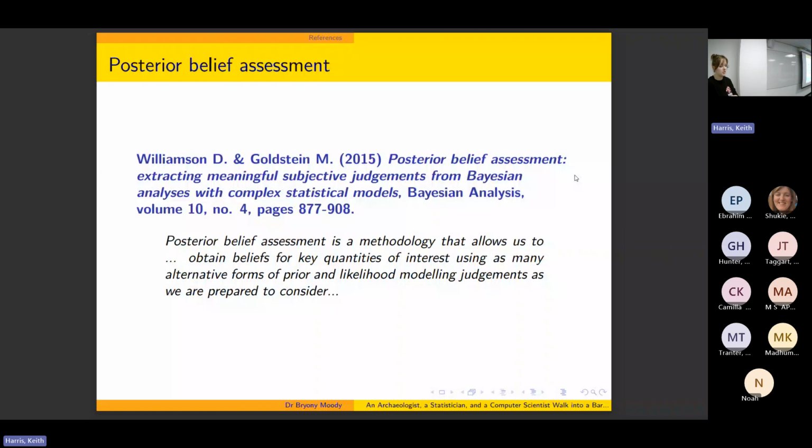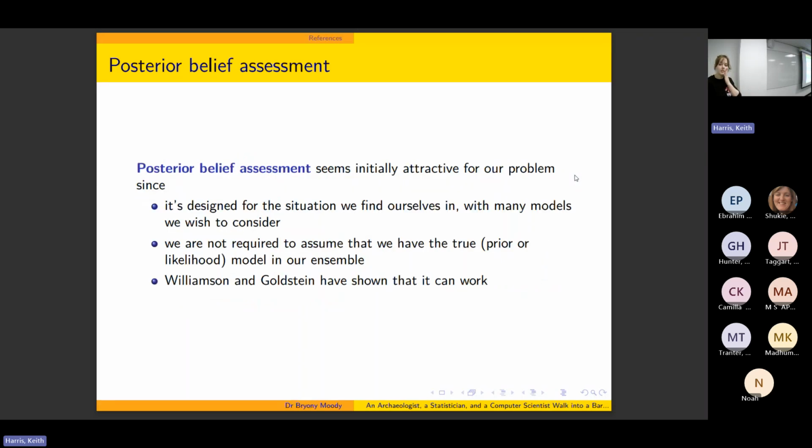So you work with expectations and variances, and you can use as many alternative forms of priors and likelihoods as you want, as many as you're prepared to consider, essentially. We thought it was quite attractive because we've got many models that we wanted to think about, and we didn't want to assume that we have the true model within our set of models. And they'd shown it can work for other applications as well. So we figured we'd give it a go.